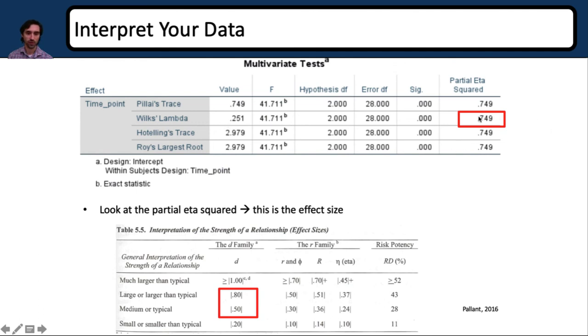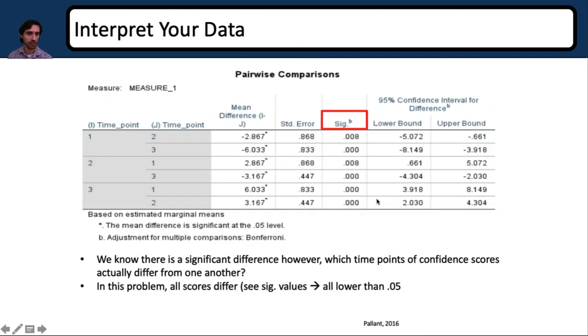Okay, so if we look at that eta squared, this is going back to our effect sizes, we know that this is actually pretty strong, that there is a good strength of relationship within our findings here. And then when you interpret MANOVAs, you look at the significance, and right down the line we can see that there is significance between all of the groups that we have.